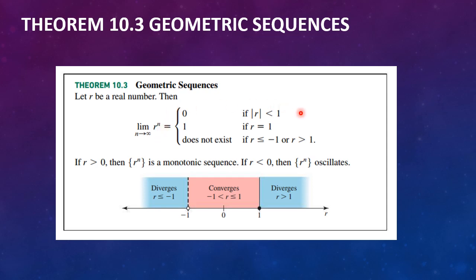If the absolute value of r is less than 1, so these are values between 0 and 1, or fractional values, we saw that those go to 0, or they converge, okay? If r equals 1, then we just have 1 to the power of n, and 1 to any power is 1.